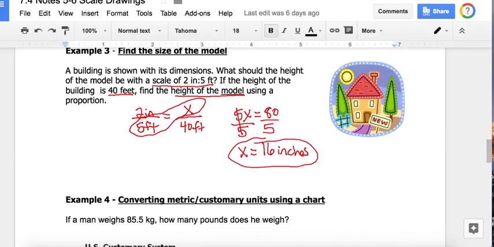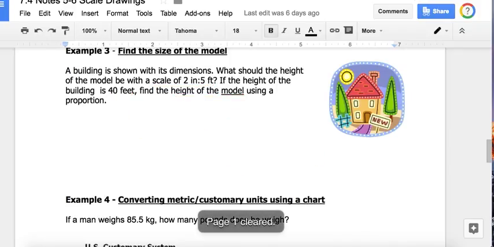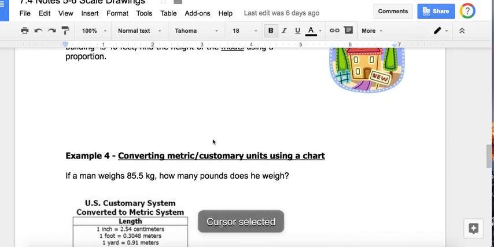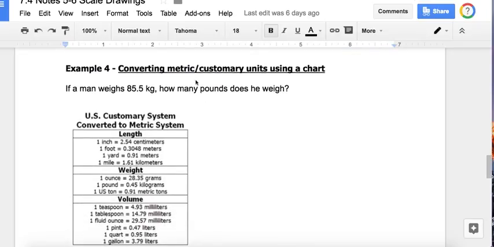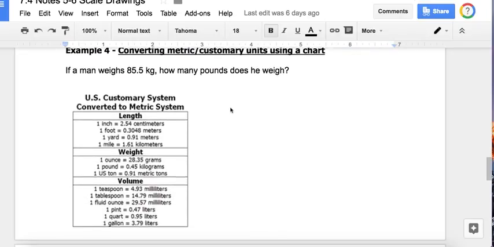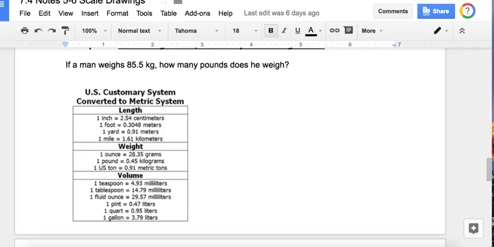Okay, one last problem, and then that concludes our notes. So example number 4 here says converting metric and customary units using a chart. So it said if a man weighs 85 and 5/10 kilograms, how many pounds does he weigh?